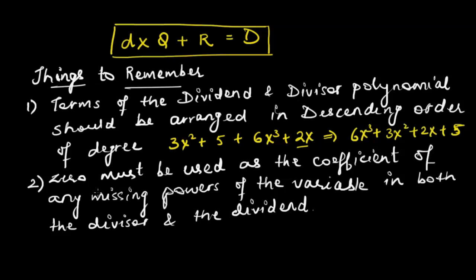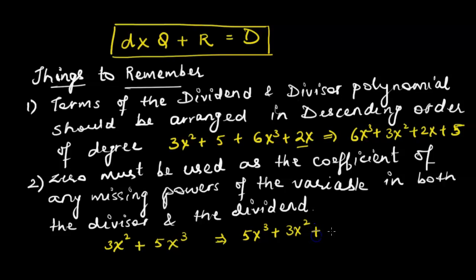The second requirement is that 0 must be used as the coefficient of any missing powers. This means that if we are given a polynomial as 3x squared plus 5x cubed and we have to use it in division, first we arrange it in descending order. So 5x cubed comes first, then 3x squared.